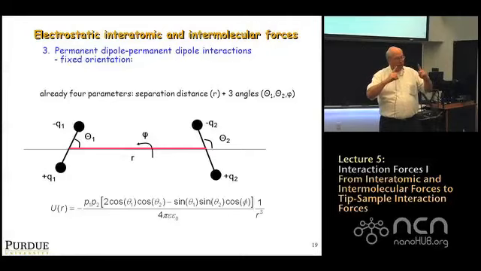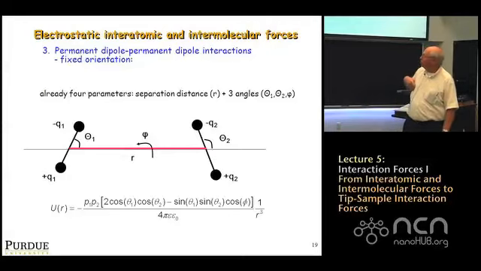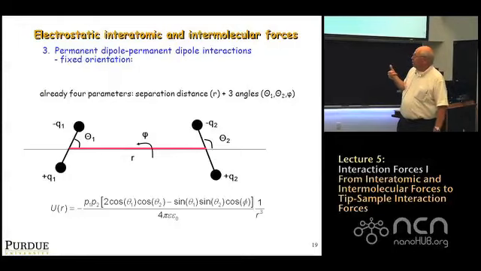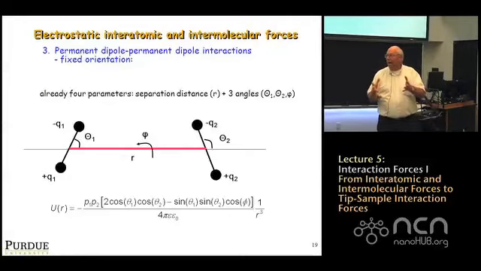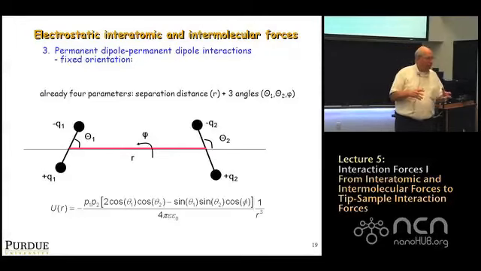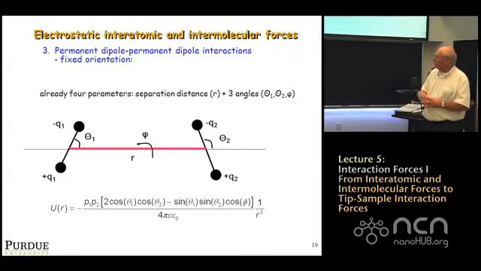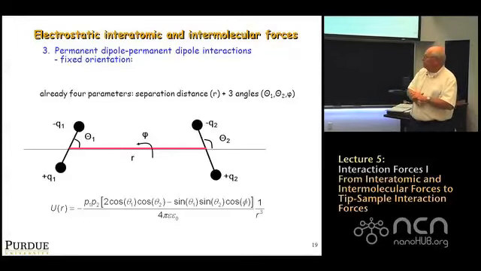And then there's also the possibility that there could be a twist between dipole 1 and dipole 2, and that twist angle is referred to as the angle phi. So you already have to take into account the distance plus 3 angles if you want to calculate the interaction energy for this system. You can sit down and calculate the interaction energy for the system, and the answer is given at the bottom of the slide.